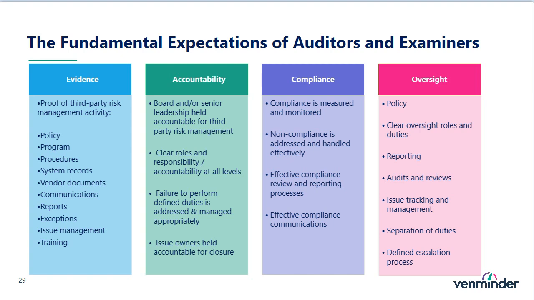So we want to make sure with oversight that we do have somebody watching the store. But another really important element of oversight is making sure there are separations of duties to prevent any unacceptable risk-taking and to limit opportunities for fraud or other illegal practices.